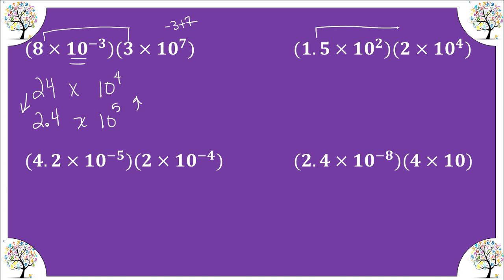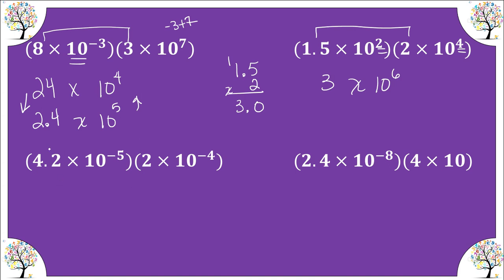Our next problem, we have 1.5 times 2. Remember, we can't use a calculator for this unit. So we get 3 times 10, and we are adding exponents using the product rule, and this gives us 6. Now 3 is between 1 and 10, so I don't have to make any adjustments.